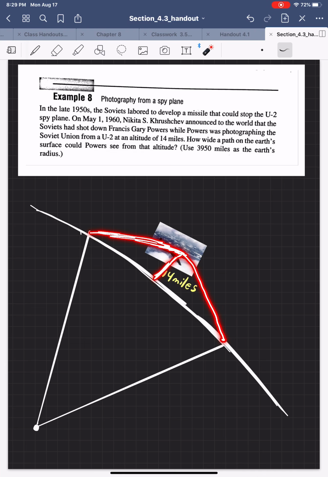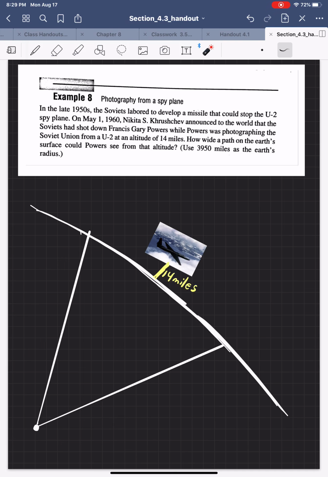And when it says how wide of a path on the Earth's surface could Powers see, what they're really asking is how this distance here, this arc length, how wide of a path along the surface of the Earth, how much could be photographed from that altitude? Okay. So interesting question, not an easy one.